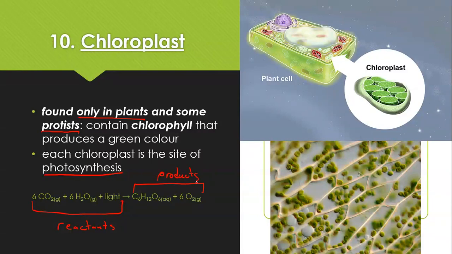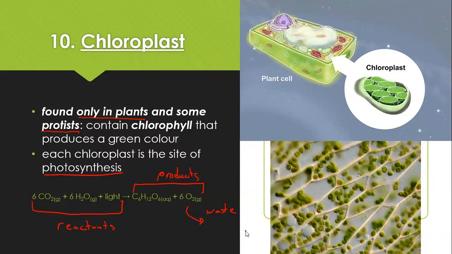So the plant uses carbon dioxide, water, and sunlight to make sugar, and then oxygen is the waste product. And the plant lets that out into the atmosphere, and then animal cells use that oxygen and that sugar to make energy, ATP. So this is basically the reverse reaction of cellular respiration.